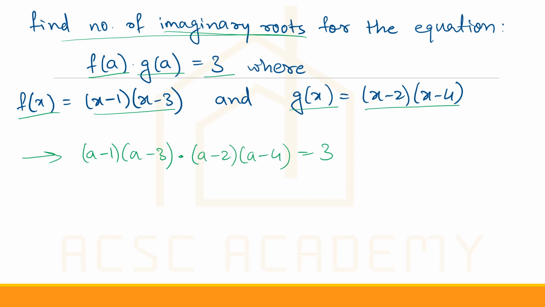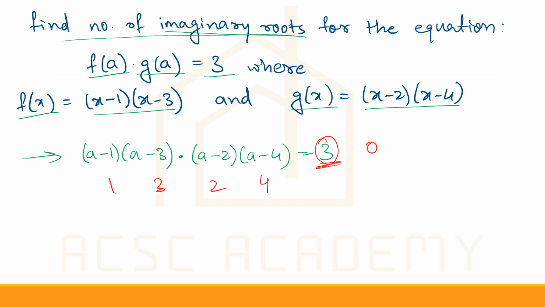Here the catch is that the right hand side is 3 instead of 0. If it was 0, then we could directly say that the roots are 1, 3, 2 and 4. But that is not the case. It is 3 instead of 0. So how can we actually solve this and get its roots and identify if they are real or imaginary?